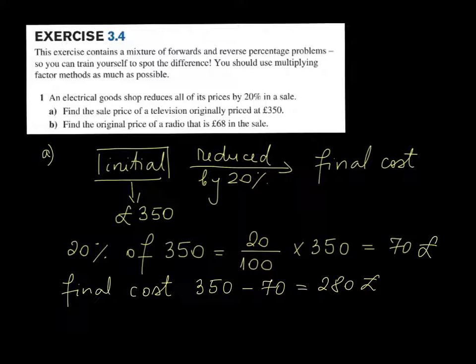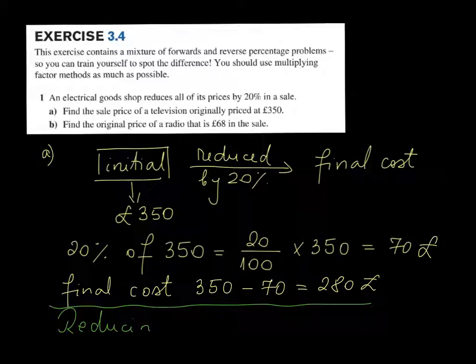Let me remind you that we can solve this problem using another method, which is called multiplier. So we looked in class that reducing the item by 20% is the same as ending up with 80% of it.